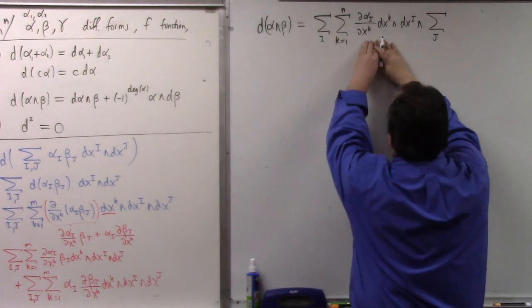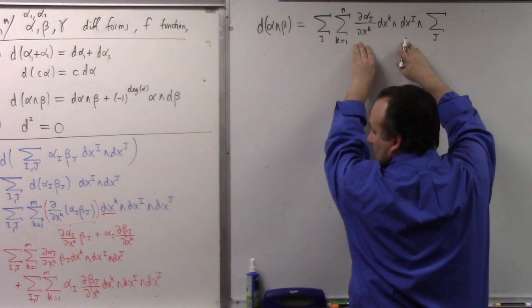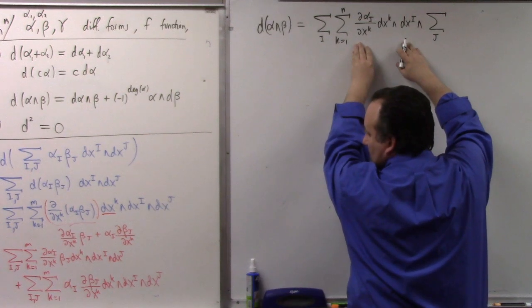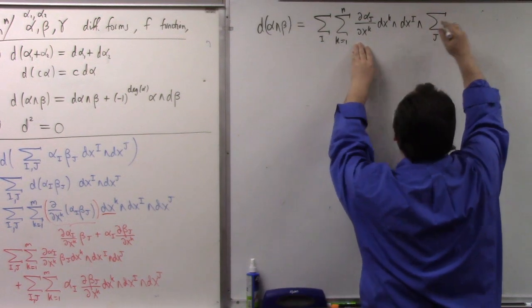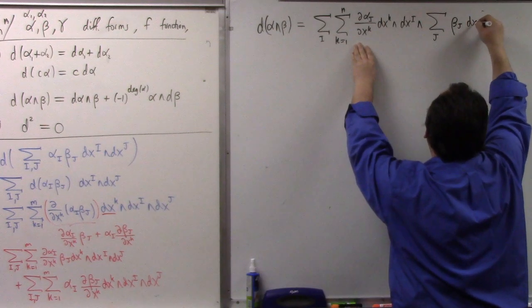Notice that there's no j dependence in any of this. So I'm just using the distributive property here of the wedge product. And I can bring the beta_j over here, dx^j, all right?